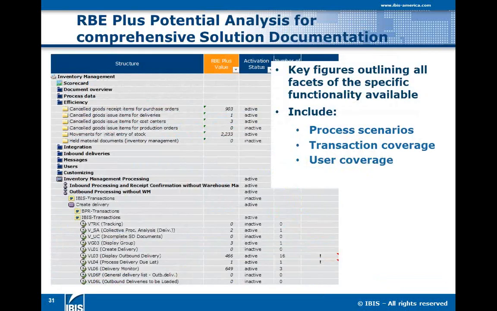And we tie this directly to the functional definition of the SAP processes. So you can pick this up and align it directly to what coverage do you need within your solution documentation so that you are covering all facets of a given process, all the different process variations.